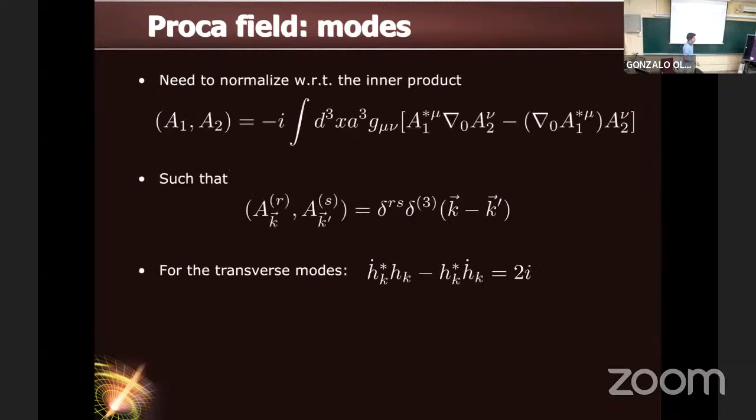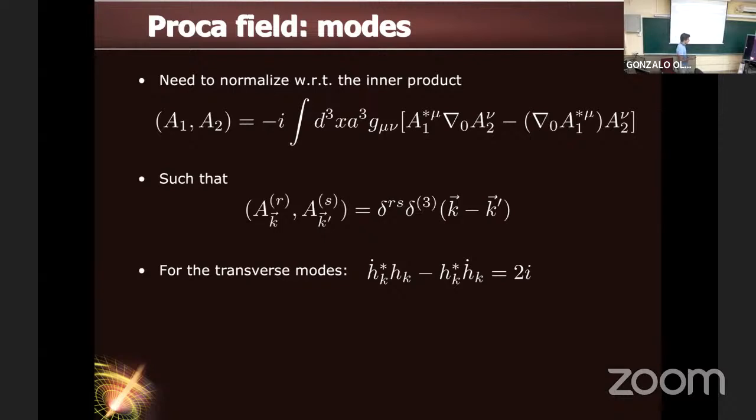So how do we normalize the modes? Normalization is important because we need proper commutation relations among the quantum operators. One way of doing that is introducing this inner product, which is just evaluated on a surface of constant time. And if we are able to normalize the mode such that this condition holds, then there will be the usual commutation relations and it is sufficient.